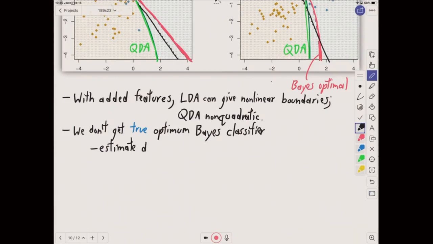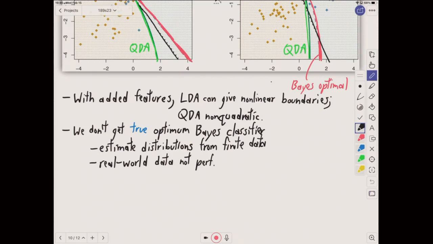The first is that we're estimating the distribution parameters, the mean and the covariance matrix, from a finite data set, and we don't usually get those numbers exactly right. And the second reason is because most real-world data sets are not actually perfectly Gaussian. So again, the Bayes optimal classifier is this idealized goal, like a platonic goal that we reach for but can never really attain.